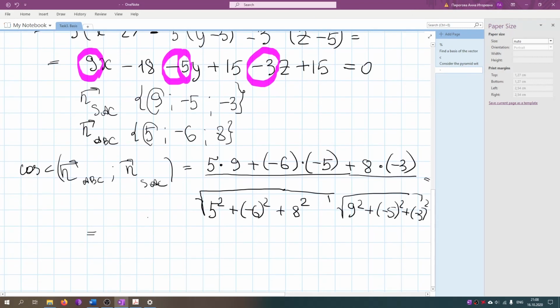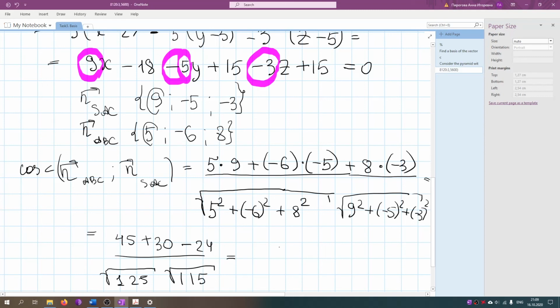We just need to simplify it. It will be 45 plus 30 minus 24. In the bottom we will have square root from 125 and 115. Here we will have 51.